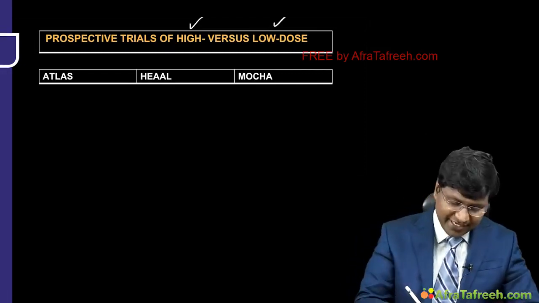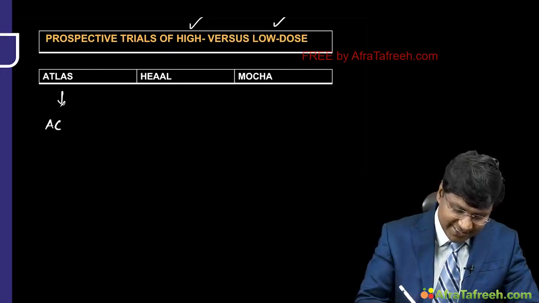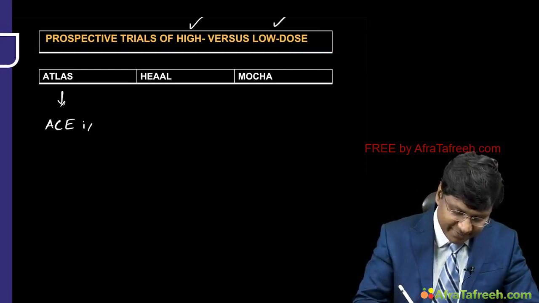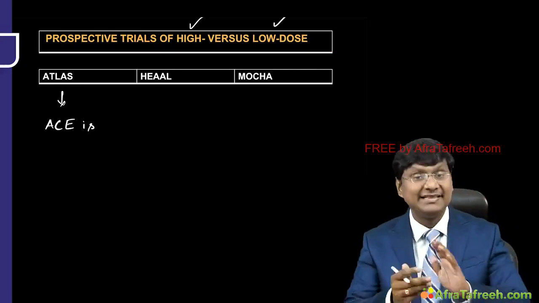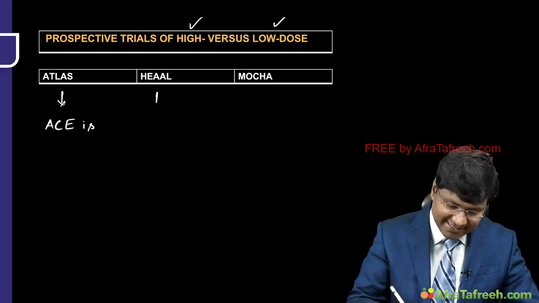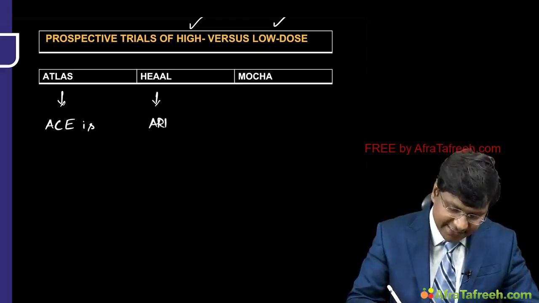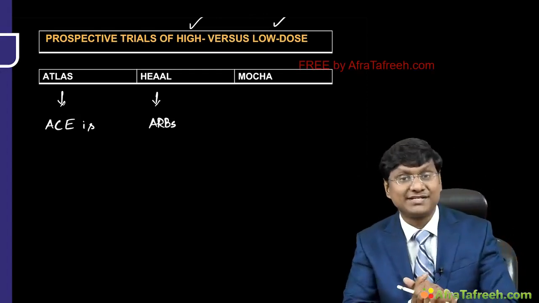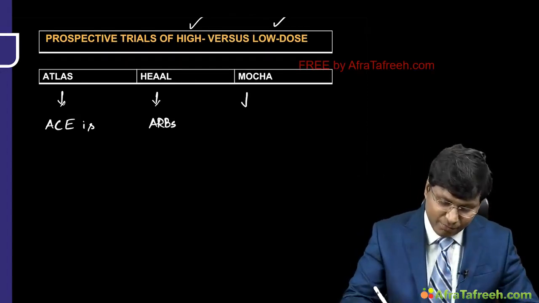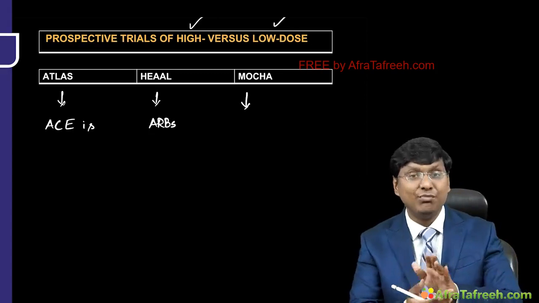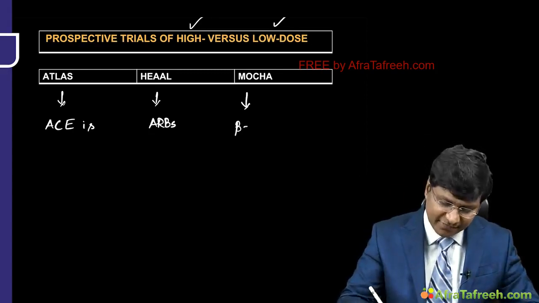Now you take the ATLAS trial. The ATLAS trial was done for the ACE inhibitors. Then the HEAAL trial, which was done for the angiotensin receptor blockers. Then we have the MOCHA trial, which was done for the beta blockers.